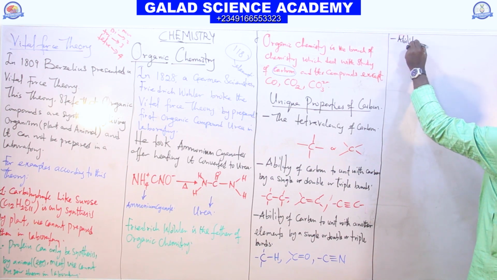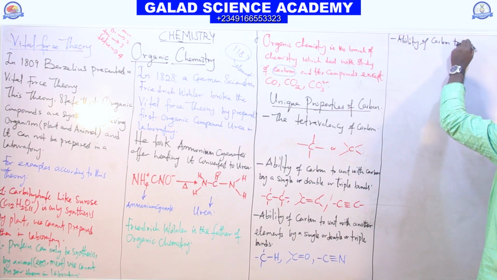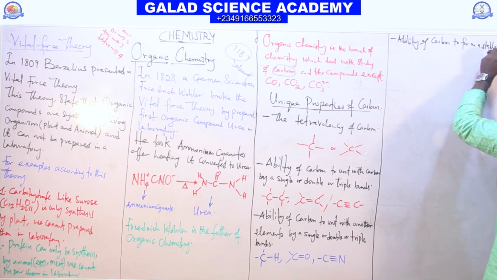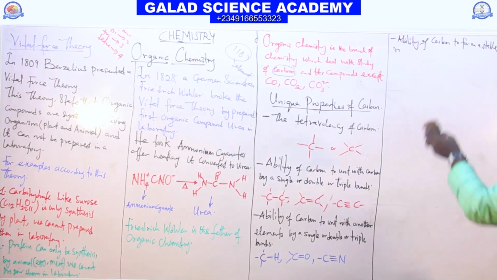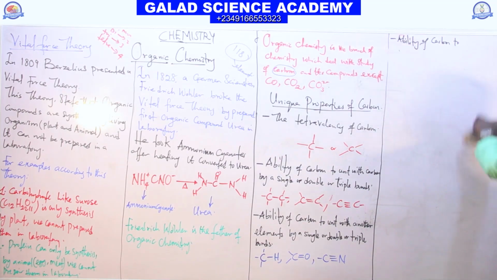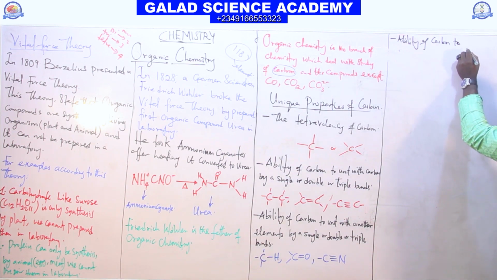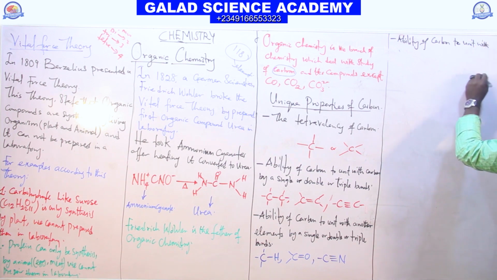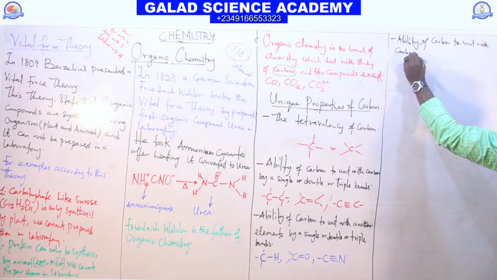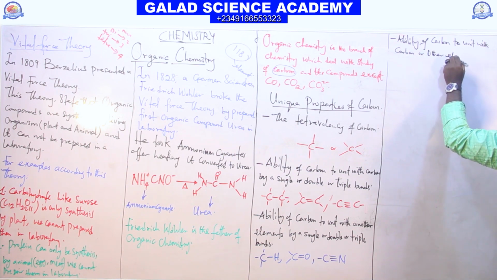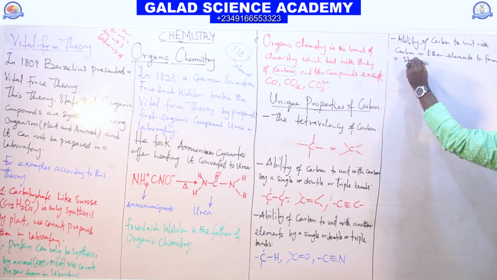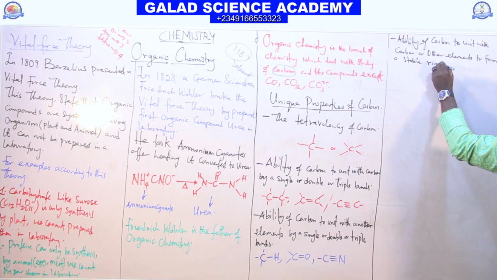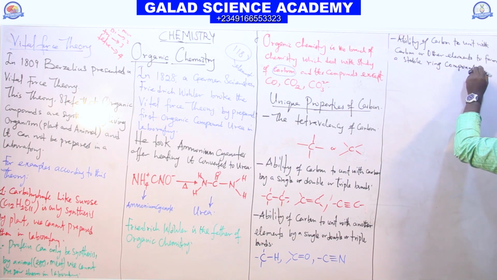Ability of carbon to unite with another carbon or other element to form a stable ring compound.